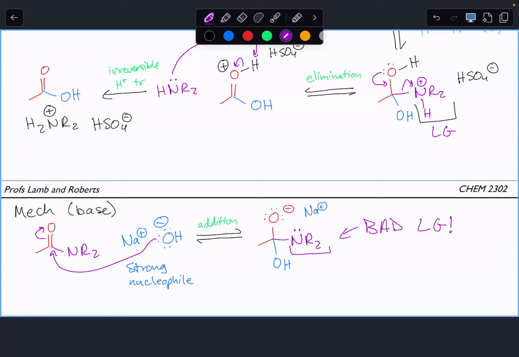You cannot do the elimination right away. It's really hard to break that CN bond. Okay, so that means that in this one instance, we have to protonate it. We have to protonate it. So this is a huge exception alert.